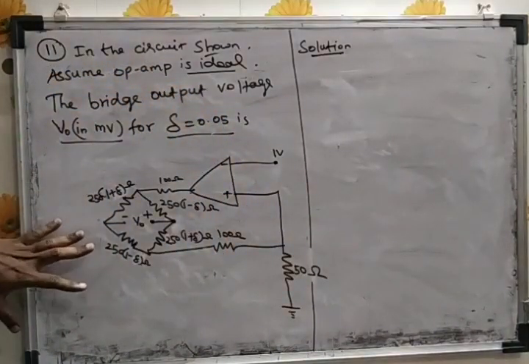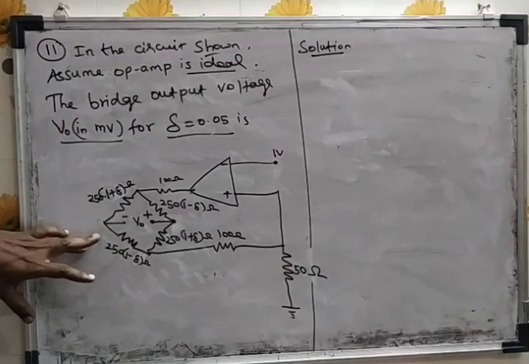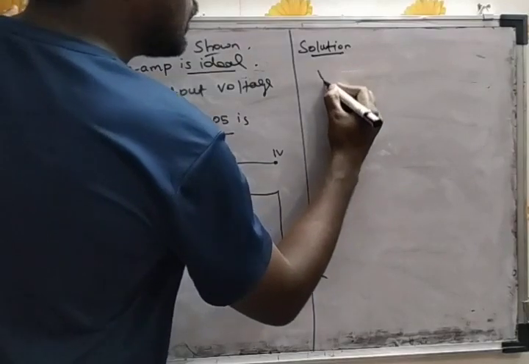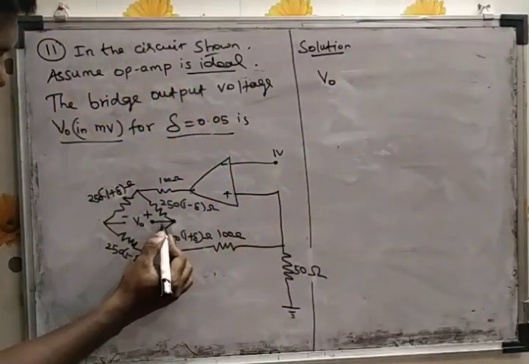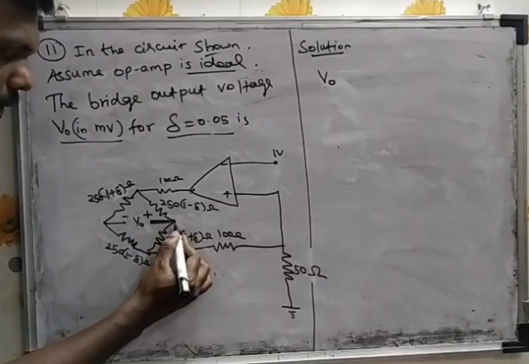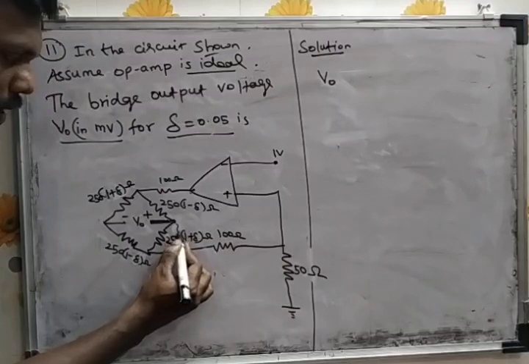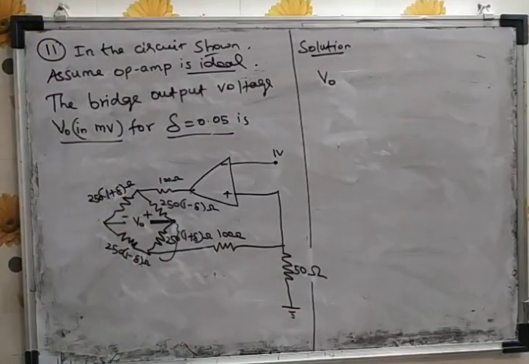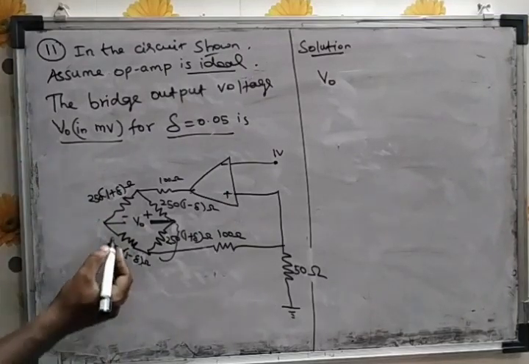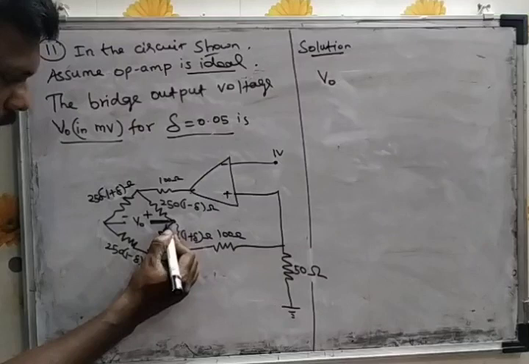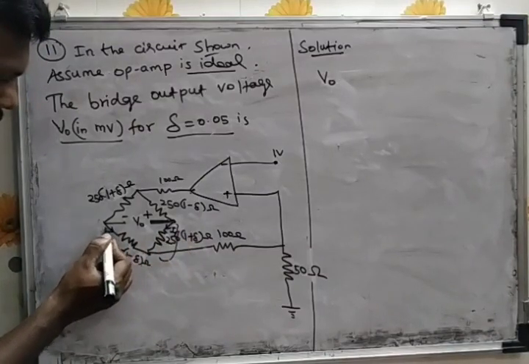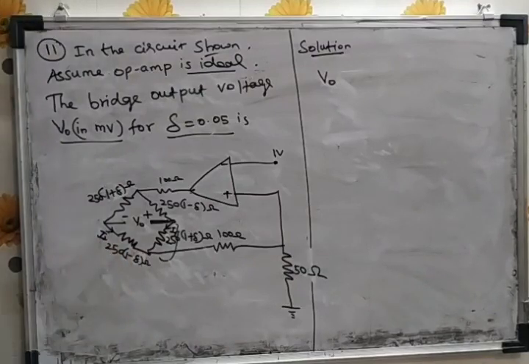So from this circuit, V0 is actually this voltage, which means the voltage across this branch minus the voltage across this branch. Suppose the current flowing through this branch is I1, and the current through this branch is I2.